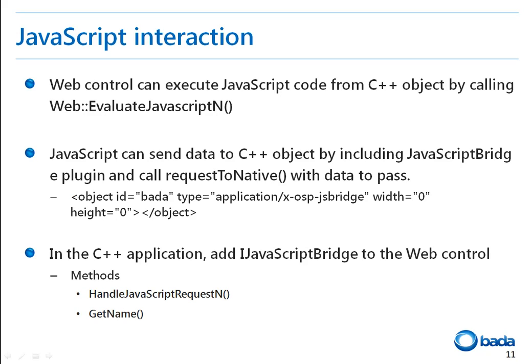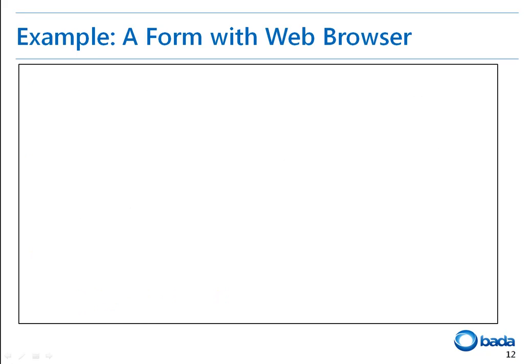The GetName API returns the name of this iJavaScriptBridge interface to identify each iJavaScriptBridge interface added in the web control. I'll introduce sample code that demonstrates the application of the JavaScript Bridge in later slides.